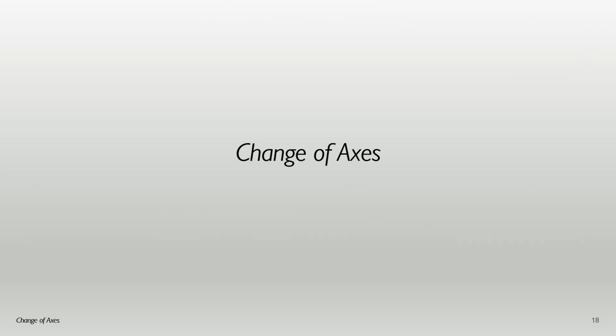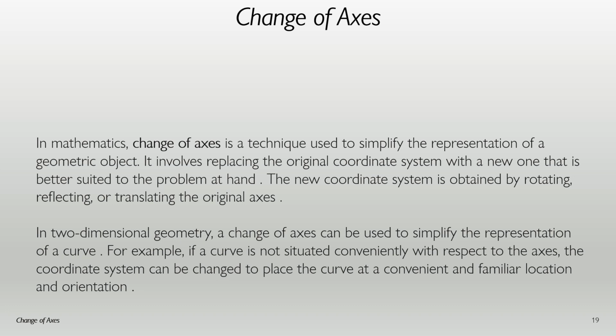Here we will change the axis to simplify the geometric shapes. In mathematics, change of axis is a technique used to simplify the representation of a geometric object. It involves replacing the original coordinate system with a new one that is better suited to the problem at hand. The new coordinate system is obtained by rotating, reflecting, or translating the original axis.